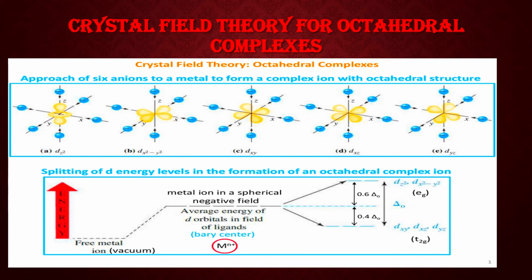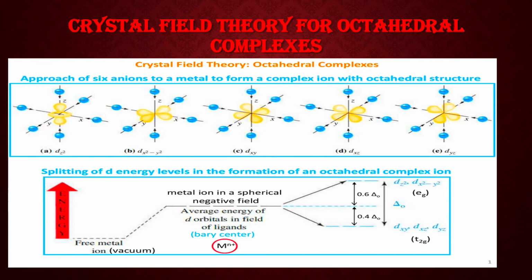First of all, you should know the shapes of all the 5 d orbitals. You know that there are 5 d orbitals: dz square, dx square minus y square, dxy, dxz and dyz. And we know that the d orbital shape is dumbbell shape. Now see the figure.